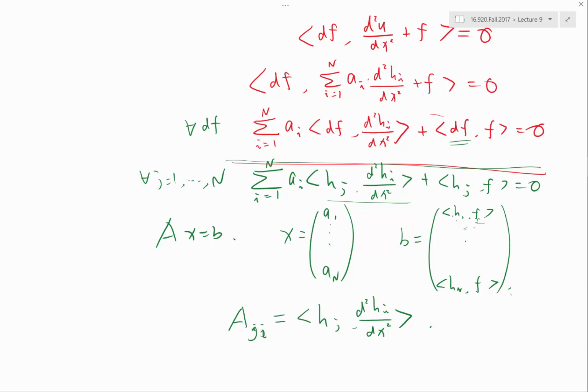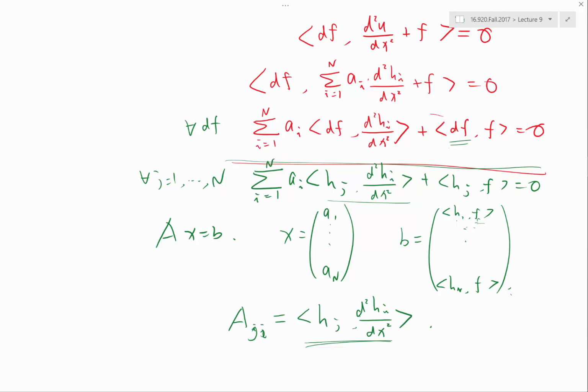And by the way, in this case, my number of basis functions is 1 less than the number of elements because I have boundary conditions on both sides. So all of the basis functions are hat functions. I take the integral of the hat functions times the f, okay? I populate into the vector b, and also I compute the inner product of the hat functions themselves with the second derivatives of the hat functions, which are actually delta functions, right?